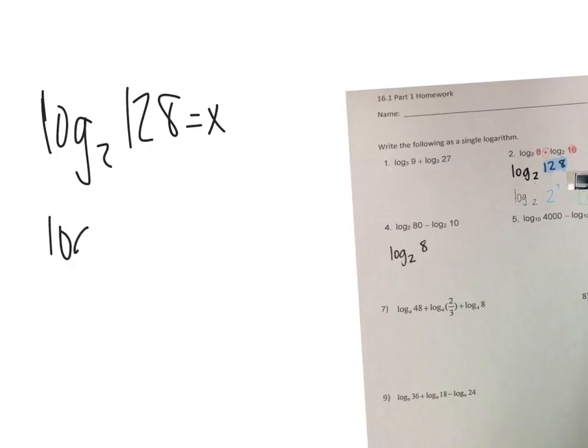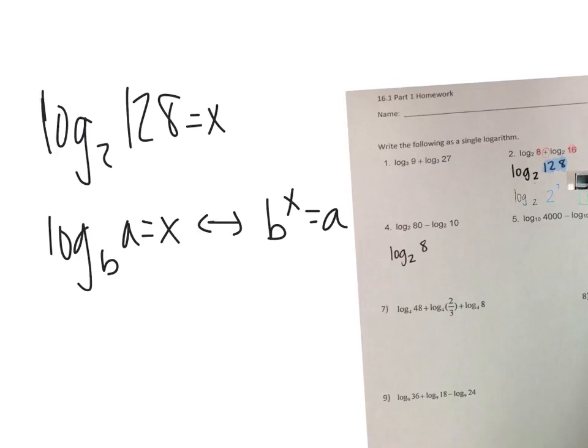Remember, the log base b of a equals x is the same thing as b to the x equals a. Those are interchangeable. So how can I rewrite the log base 2 of 128? Yes, 2 to the x power equals 128. So this is essentially the problem we're solving: 2 to what power is going to give you 128?